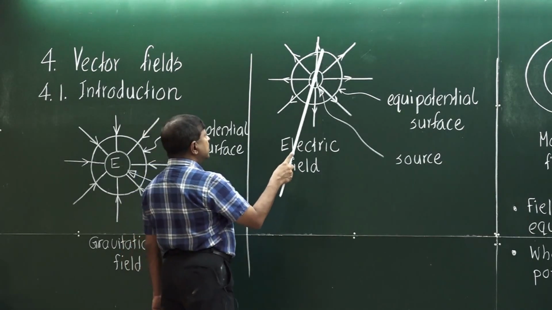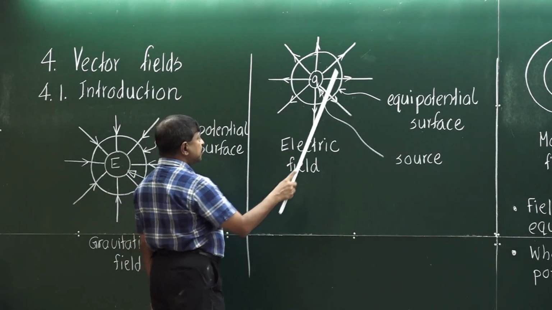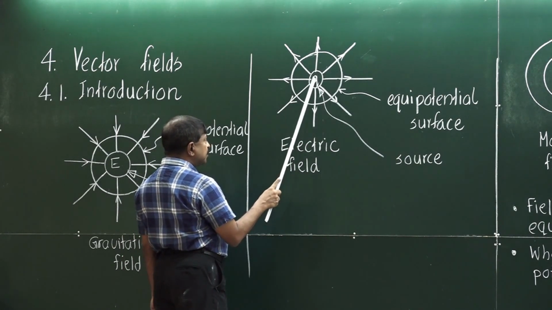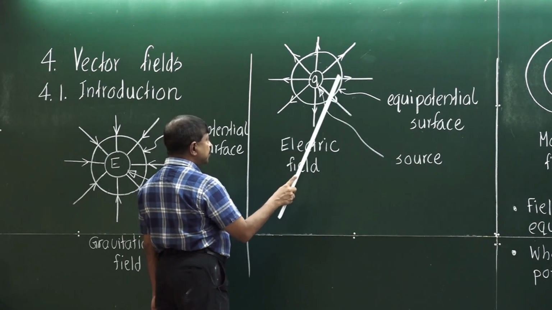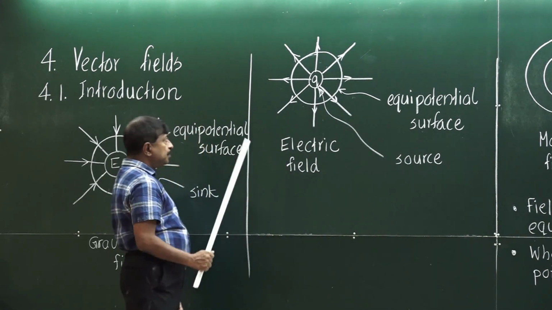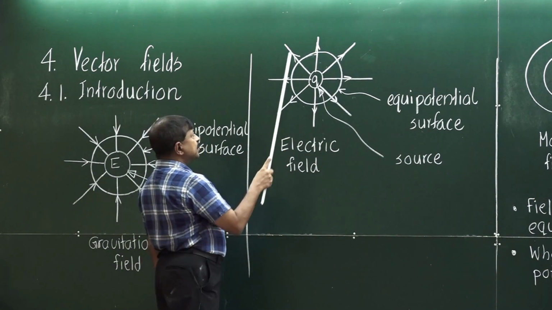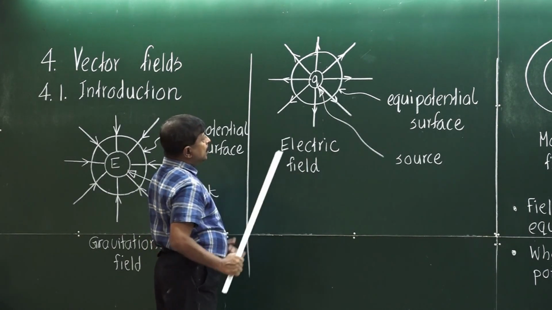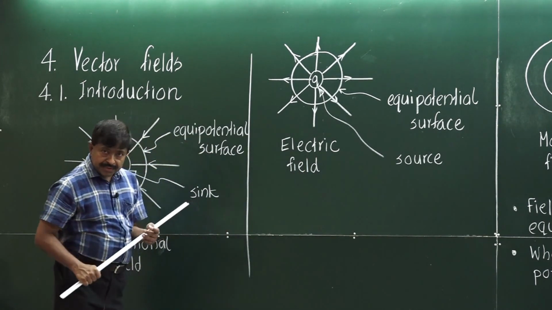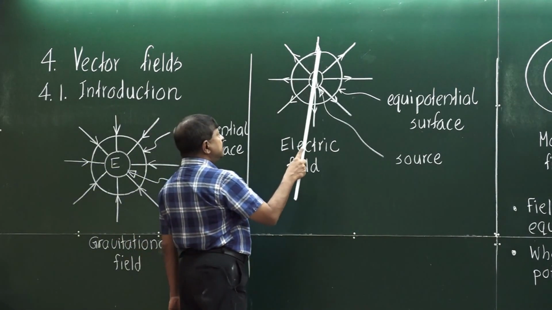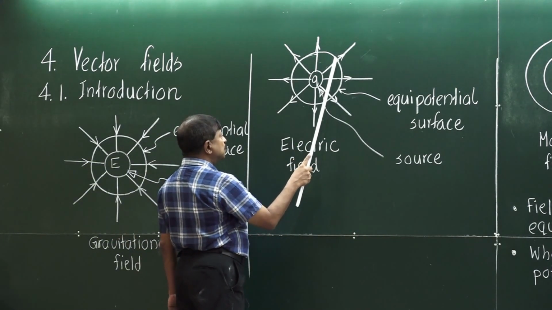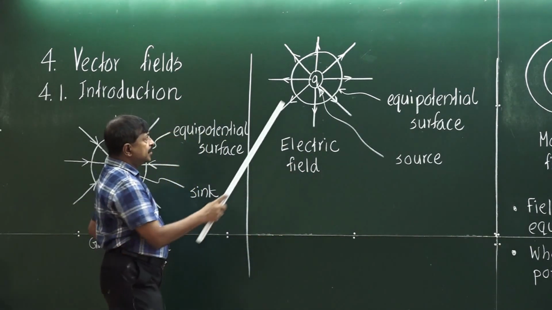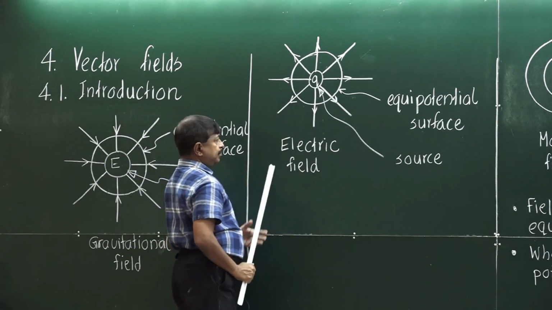Again, if you take a surface of which all the points have the same distance from this point charge q, this is the equipotential surface, and you can also make the following important observation. This surface is always normal to these field lines, and this is the equipotential surface.